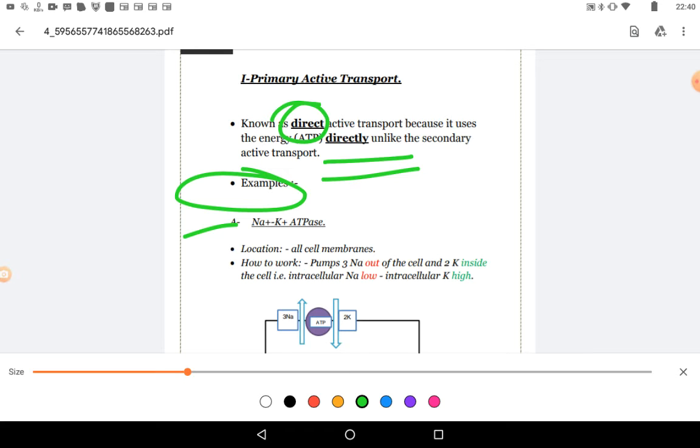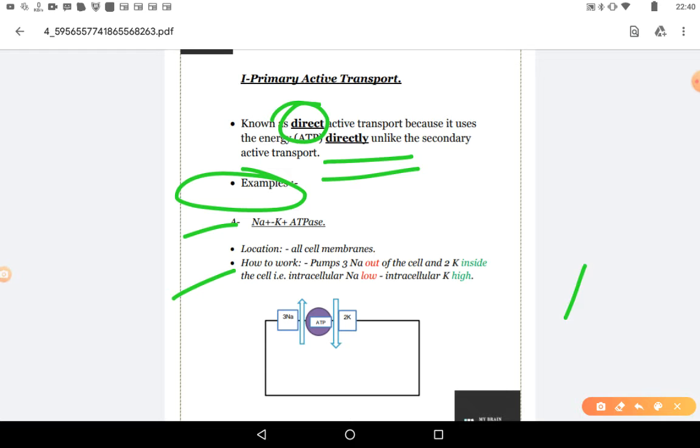It is found in all cell membranes and works by pumping 3 sodium out of the cell and 2 potassium inside the cell, like this picture. It means the potassium inside the cell is high while the sodium is low.